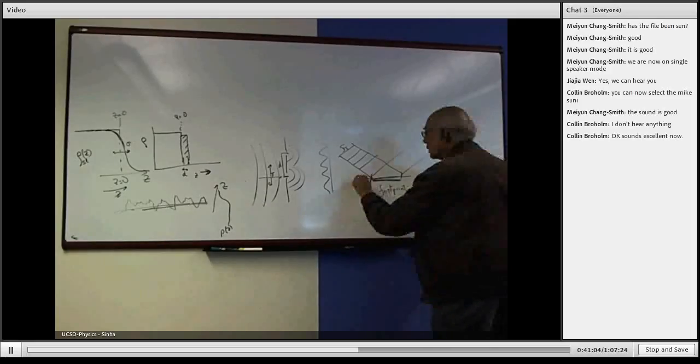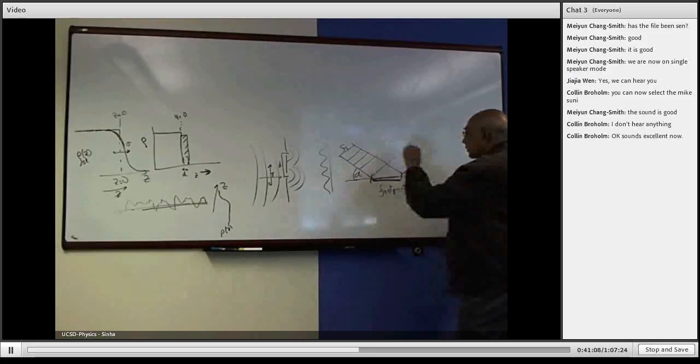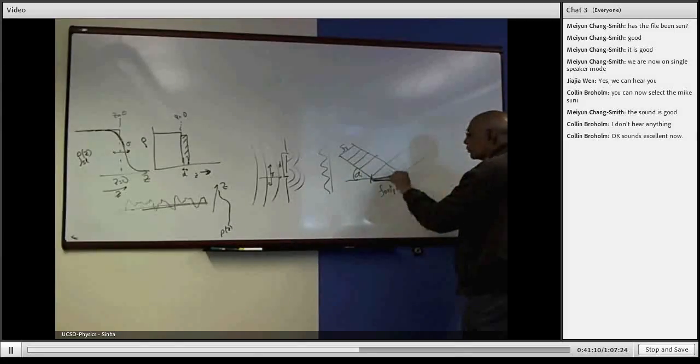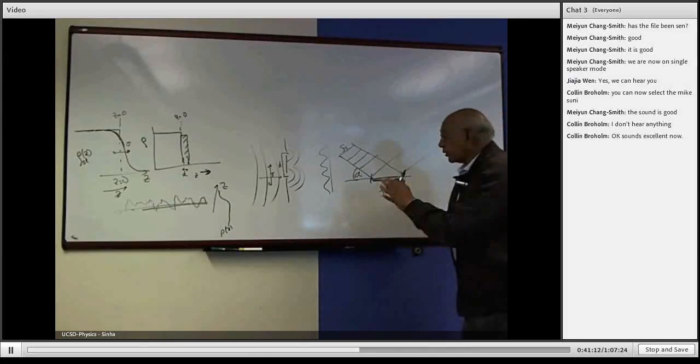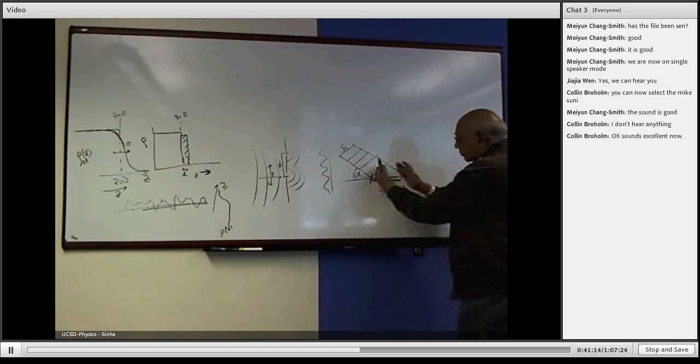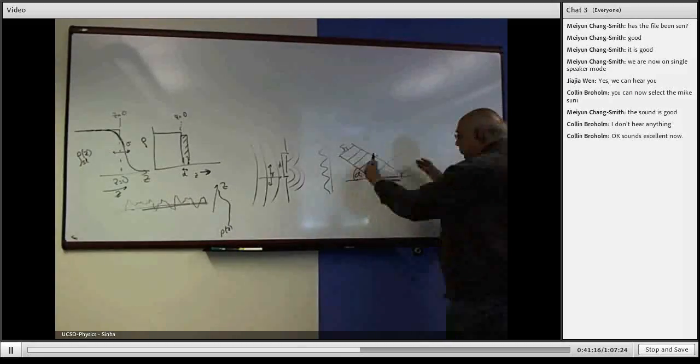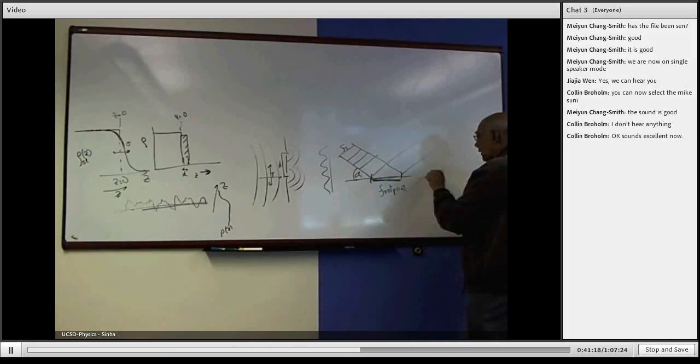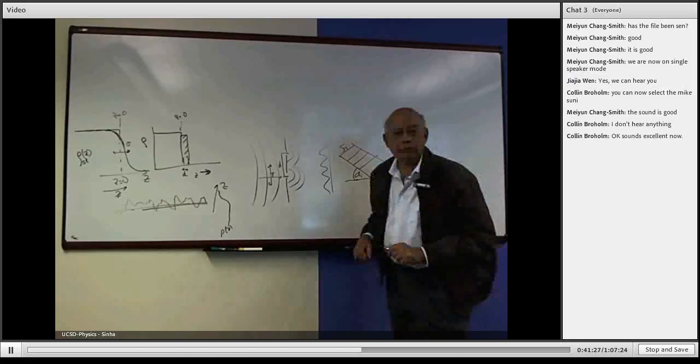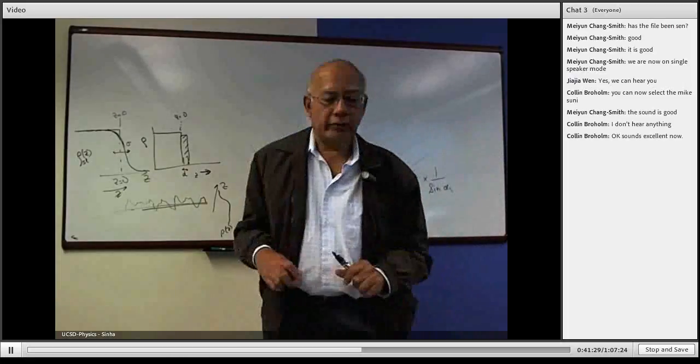And if this angle of incidence is alpha I, then the effective coherence along the surface is greatly amplified because this beam is spread out. This coherence area is spread out on the surface, and you have to multiply by a factor 1 over sine alpha I to get the projected footprint of this coherent part of the beam on the surface.